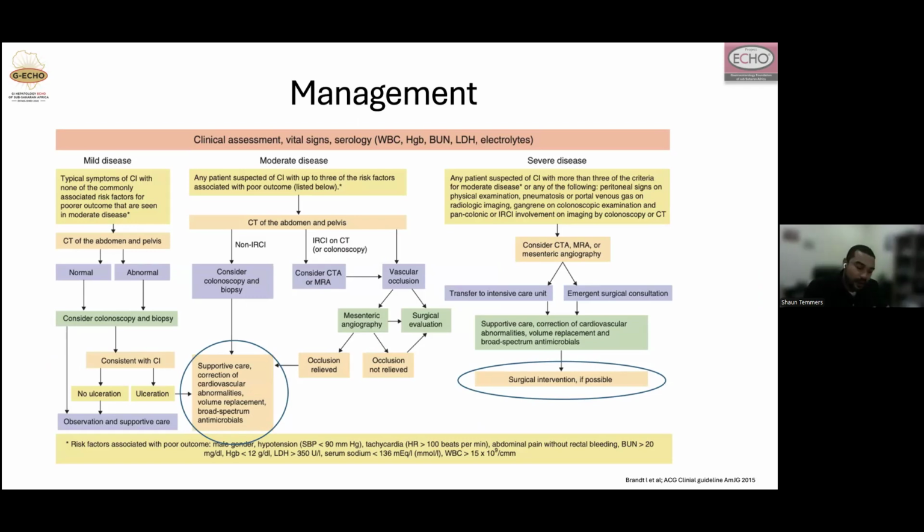There's no evidence for their use, but they are still used, and you stabilize those patients. In your patients with severe disease, there is identifying early imaging of the anatomy and early surgical intervention where possible. Often these patients are quite severely ill, where surgery might not be an option.